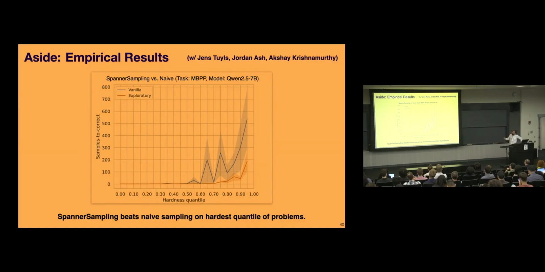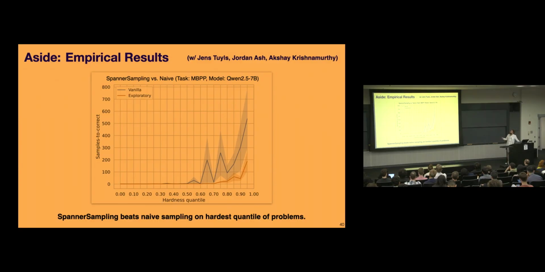One of these lines, the blue one, is just vanilla sampling from your base model, and the orange line is an algorithm inspired by this spanner sampling I showed, where you generate a bunch of responses, but you pare them down to a small set that you use to query the verifier. And this is actually just using the last layer hidden features on some pre-trained base model. So it's just pretending that we're in this linear softmax setting and seeing what happens.